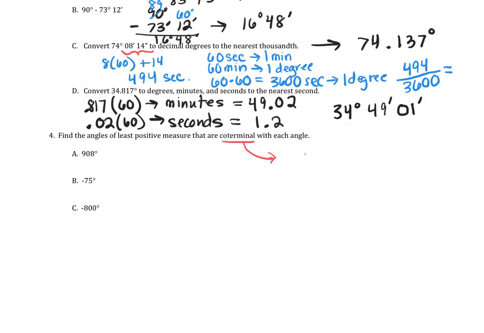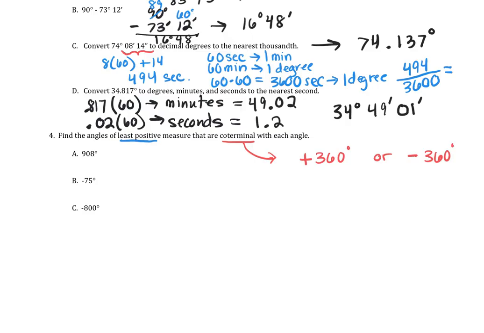And a way for us to find it is either to add 360 degrees or to subtract 360 degrees. Because this says find the least positive, we want the smallest measure, non-negative, not going into the negative direction.